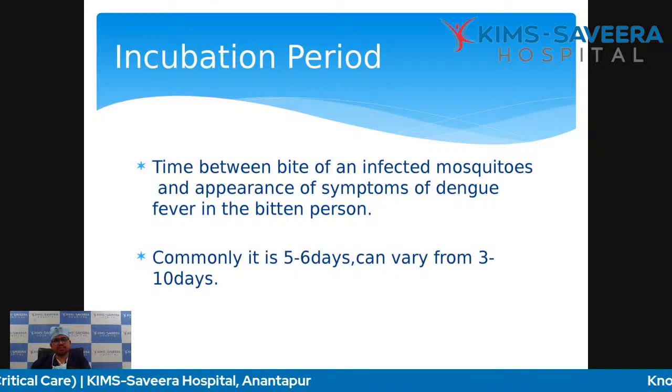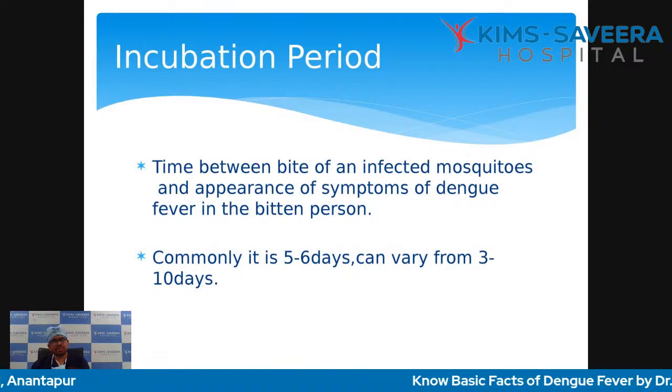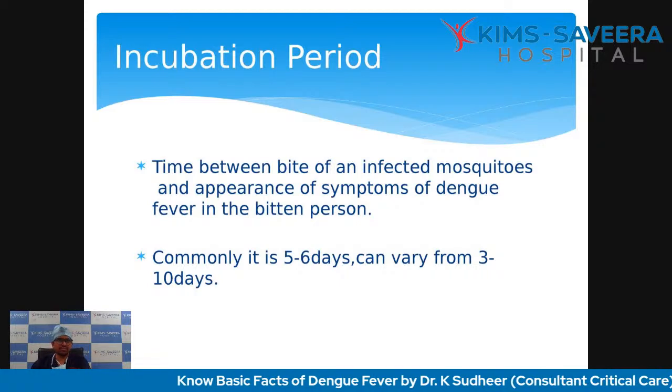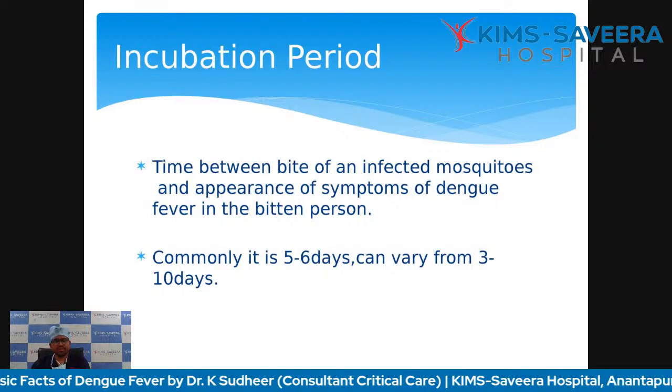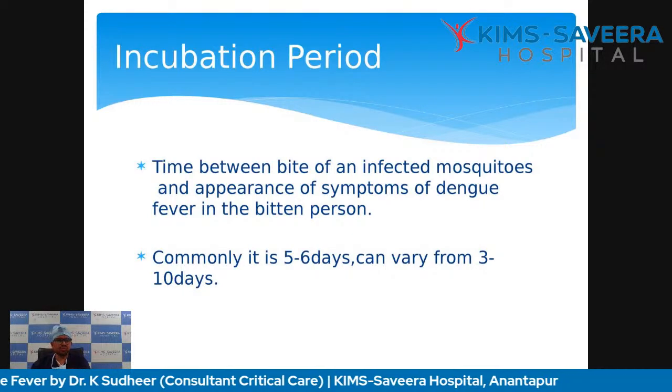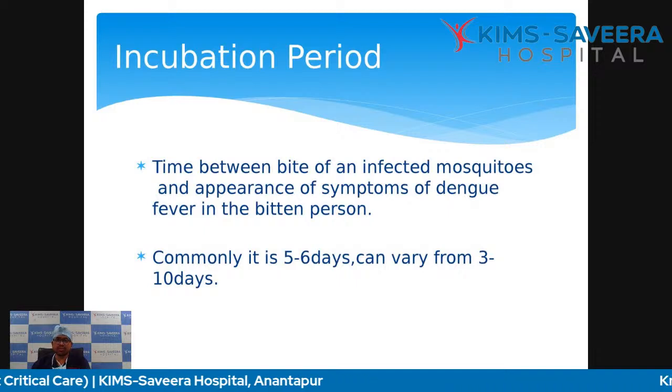What is the incubation period? It is the time taken from an infected mosquito bite to the clinical appearance of symptoms. If we have a bite from an Aedes aegypti mosquito carrying dengue virus, it usually takes 5 to 6 days to present with clinical symptoms, and it can vary from 3 to 10 days.